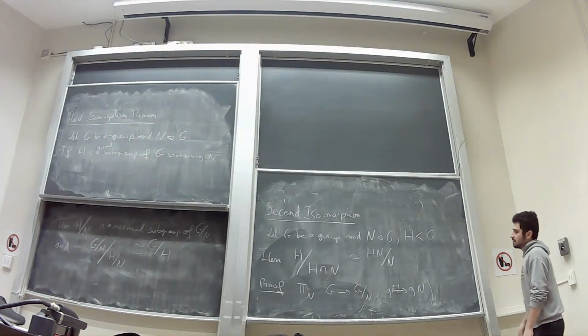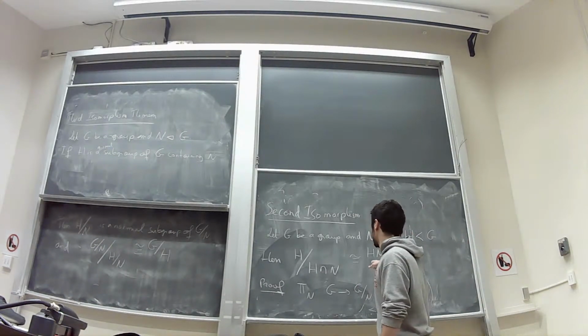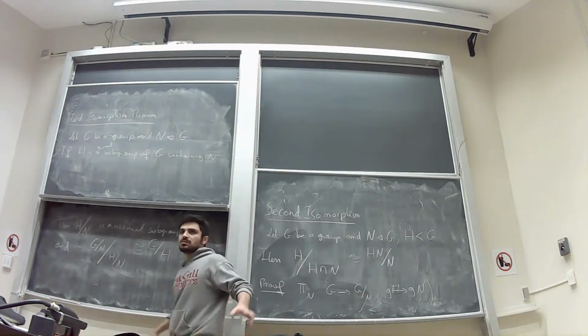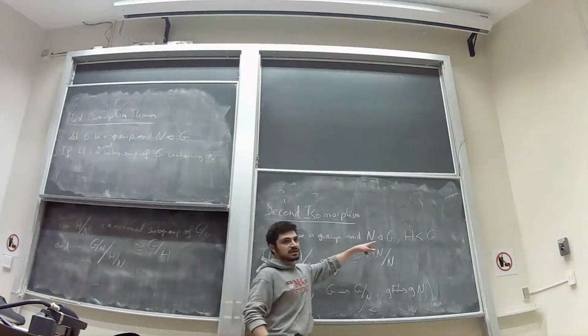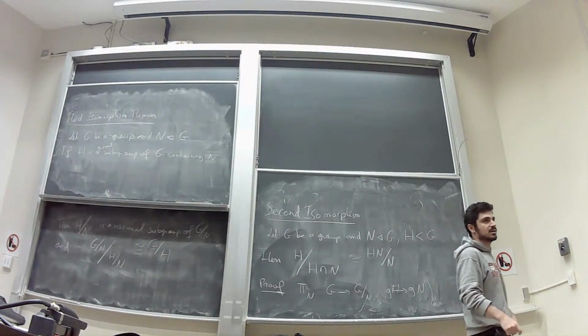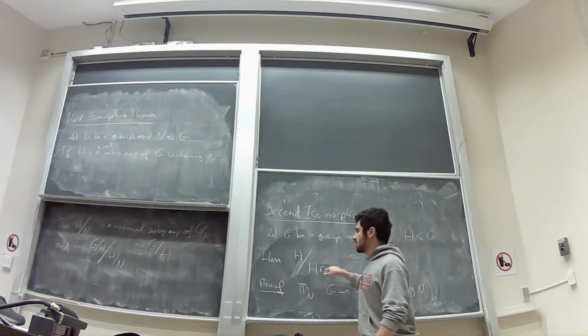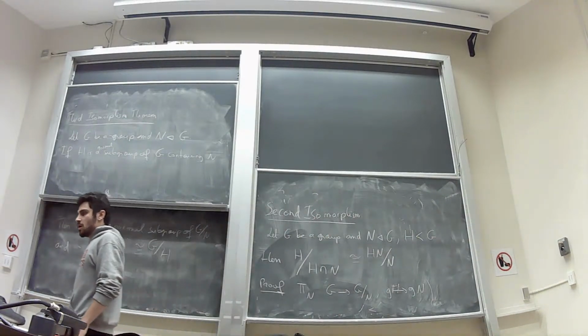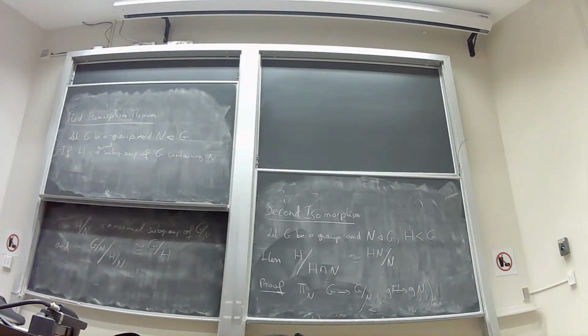Now, something in the current homework: you have proved that HN is a subgroup. If N is normal and H is in G, then HN is a subgroup. And you have proved that H intersection N is a subgroup of H. So all of these things make sense. The proof is not bad; I'll just give you an outline.